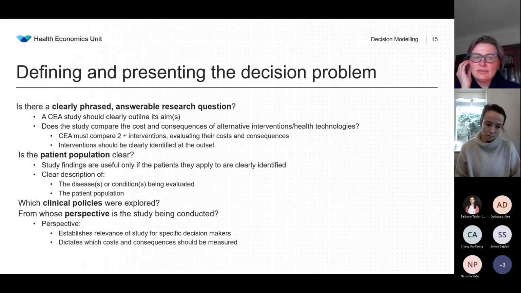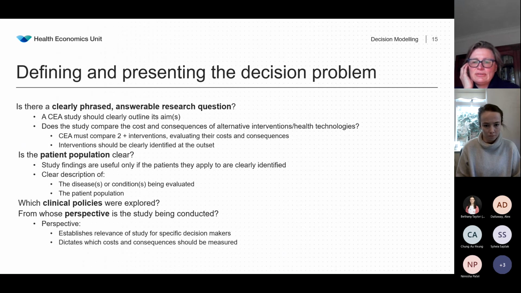So the first one is to define and present the decision problem. If we're looking at cost effectiveness, then for a given technology, program or intervention, it can only be achieved in comparison with all alternative options that could be feasibly used in practice.